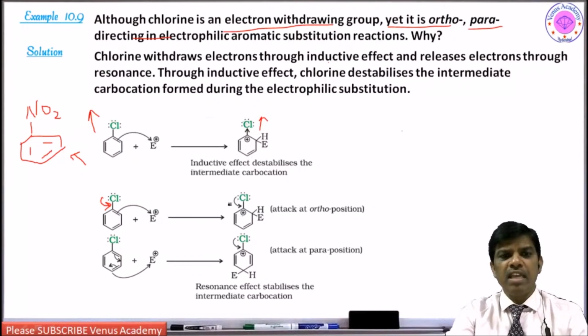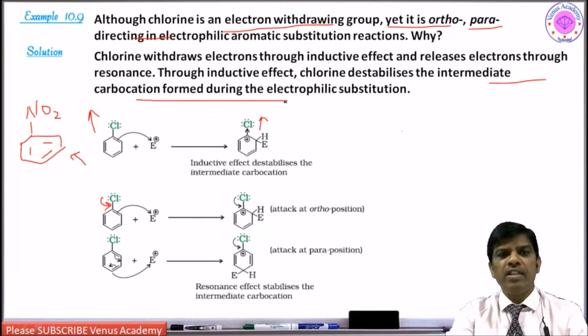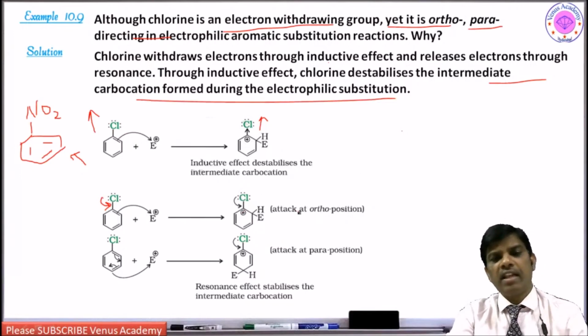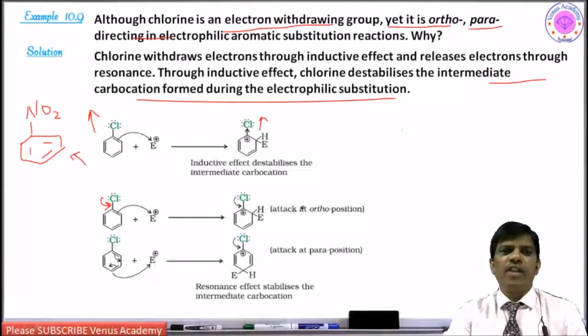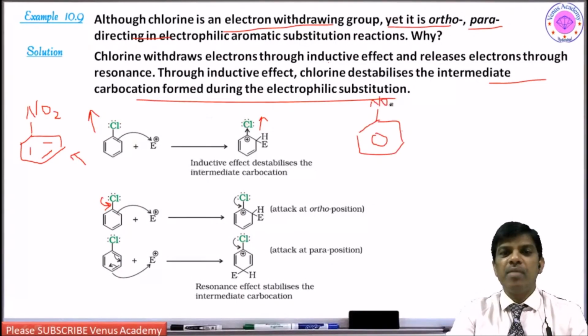Attack at the ortho position is stabilized by back donation of this lone pair of electrons, this resonance stabilization because of the mesomeric effect. So what is going to happen? Though the inductive effect destabilizes the intermediate, the carbocation formed during electrophilic substitution is stabilized by its lone pair of electrons. That is why it undergoes electrophilic substitution and directs the incoming electrophiles at ortho and para. So nitrobenzene, when I do chlorination, it is going to give this.